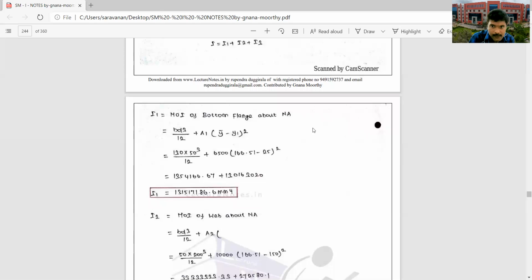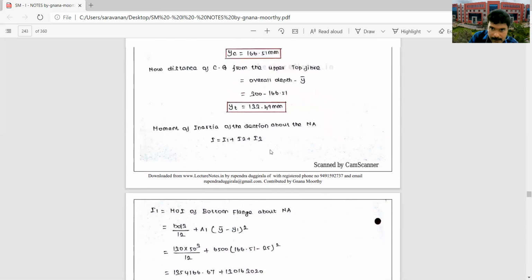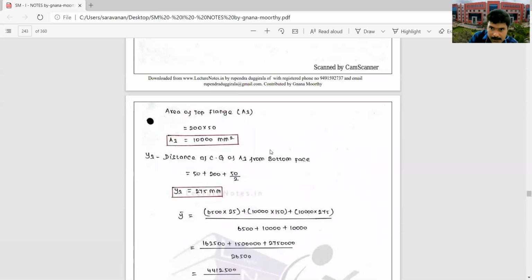The bottom flange width is 130 and depth is 50, so 130 into 50 cubed divided by 12, plus A1, 130 into 50, 6500, into y bar, 166.51, minus y1, which we already found to be 25. You can understand the distance in this diagram.